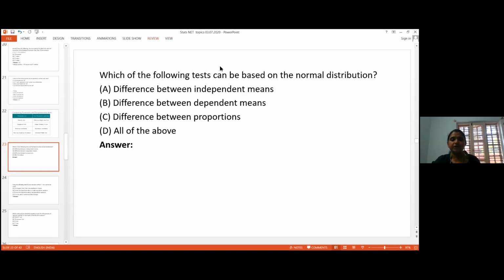Now you can think over and tell me which can be based on normal distribution. Let me come back one slide before the previous one.